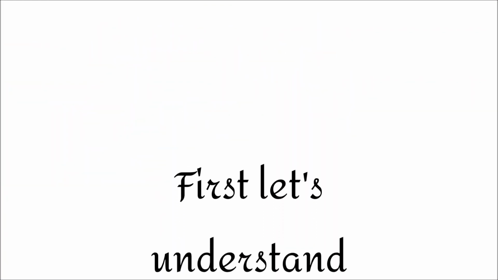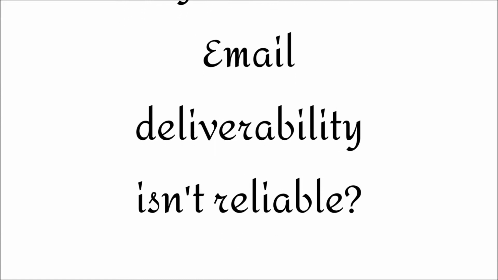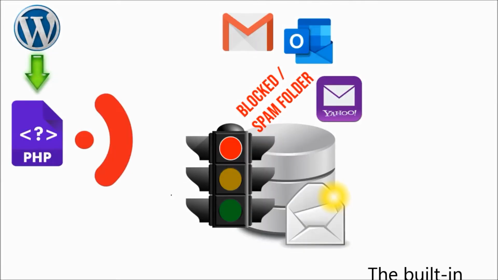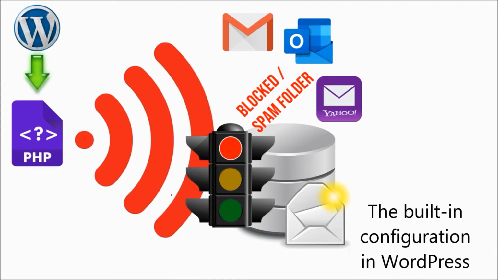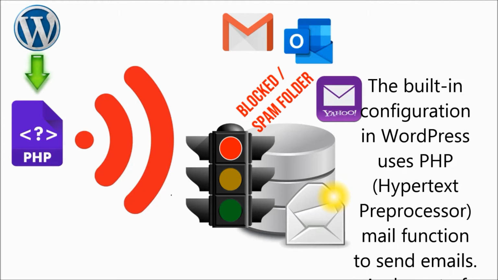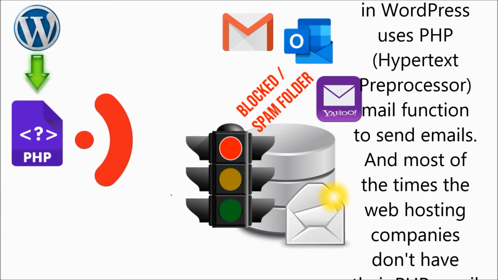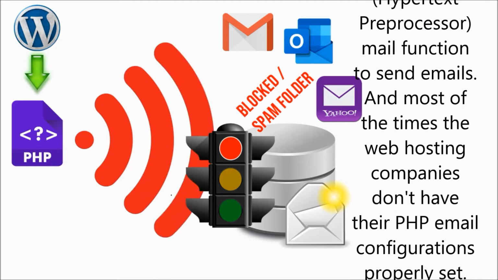First, let's understand why emails are likely to get blocked when sent directly through WordPress. Why WordPress email deliverability isn't reliable. The built-in configuration in WordPress uses the PHP mail function to send emails, and most of the time the web hosting companies don't have their PHP email configurations properly set.